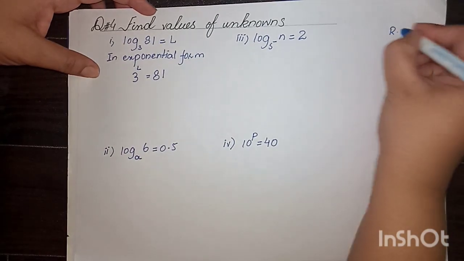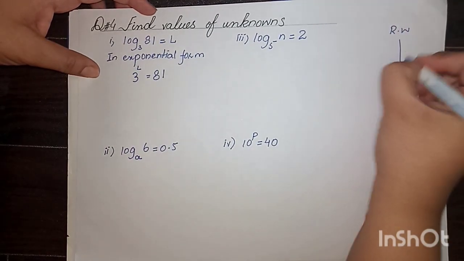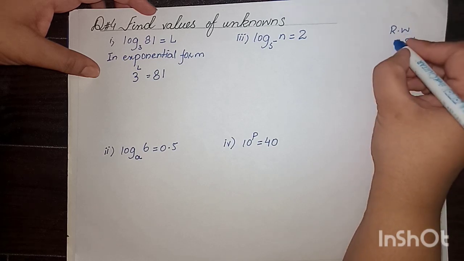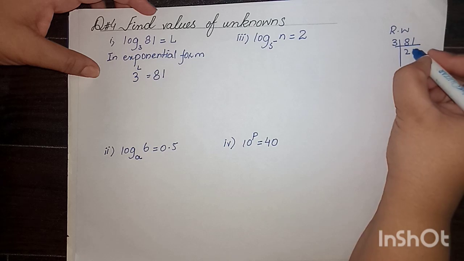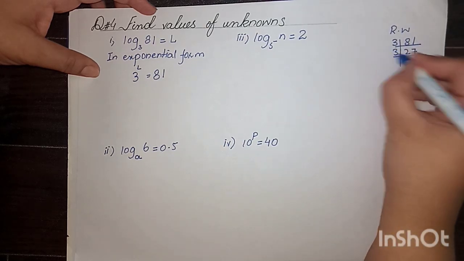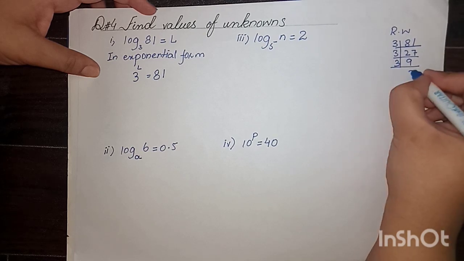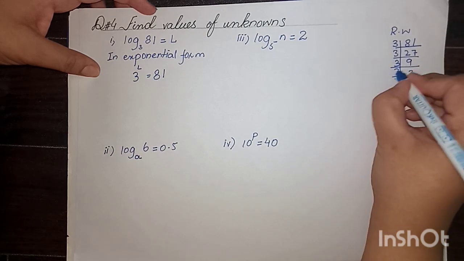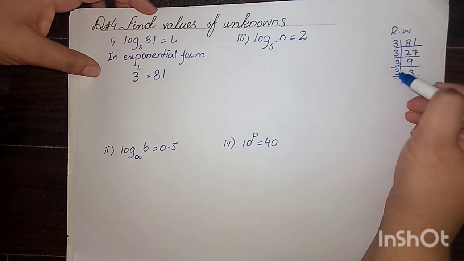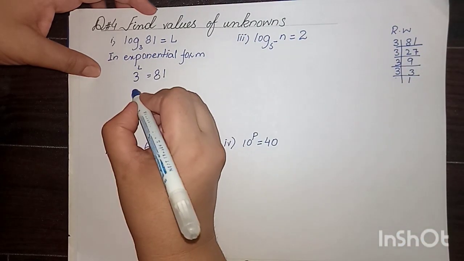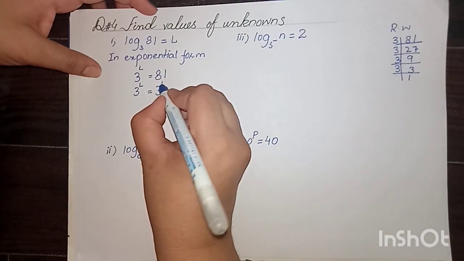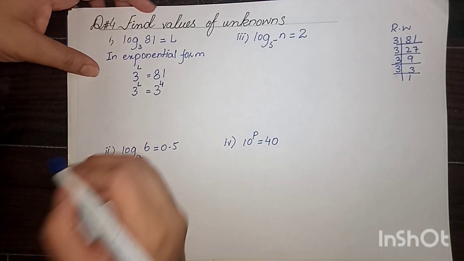If we do the rough work on it, this is 81. Divide it by 3. 3 2s are 6, 3 7s are 21, and 3 9s are 27, 3 3s are 9, and 3 1s are 3. So there is 1, 2, 3, 4. 3 to the power of 4. 3 to the power of L is equal to 3 to the power of 4.